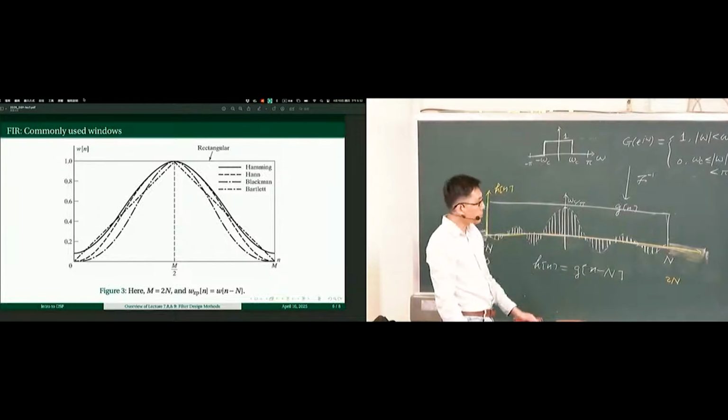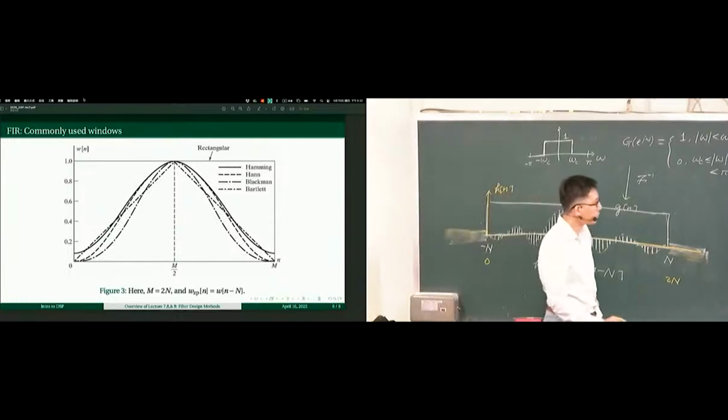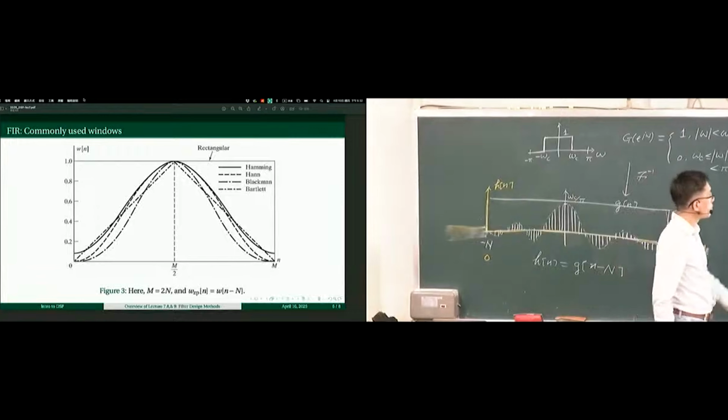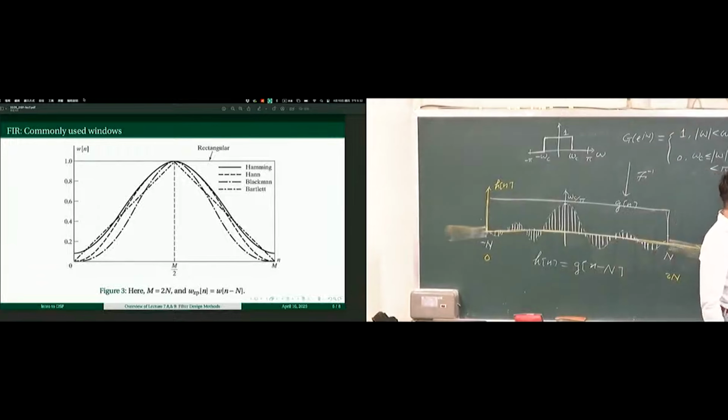The way we try to do better is to multiply h of n with a window function, denoted by w of n. On this slide, we're looking at a few commonly used windows.